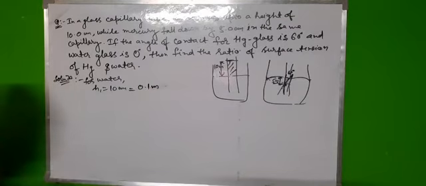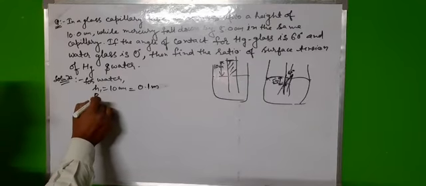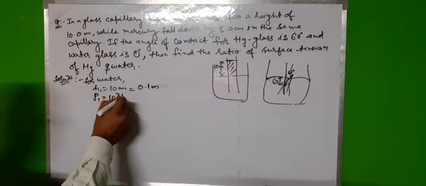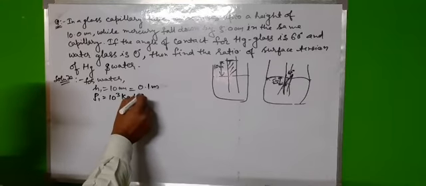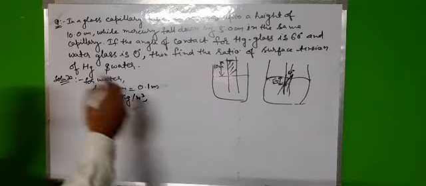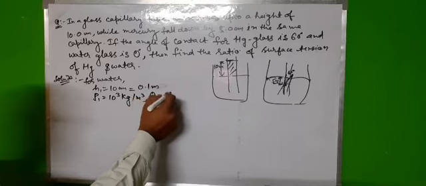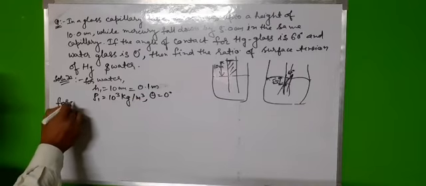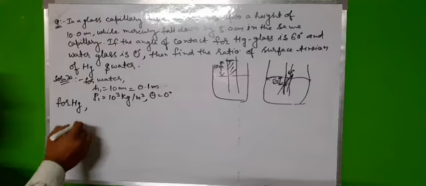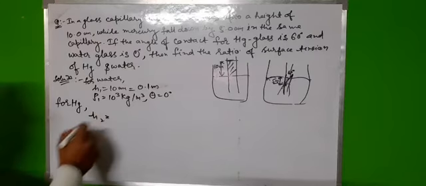Rho 1 is equal to 10 to the power 3 kg per meter cube. And another thing is theta is equal to 0 degree, it is given. And for mercury, H2 is equal to what is given?